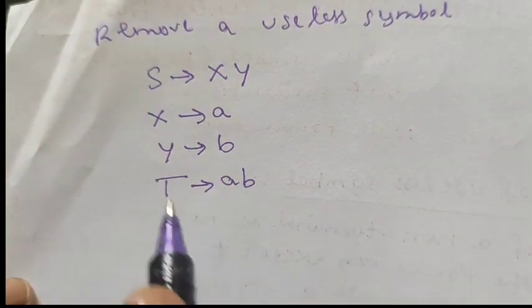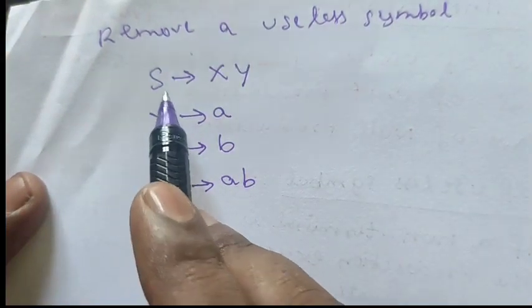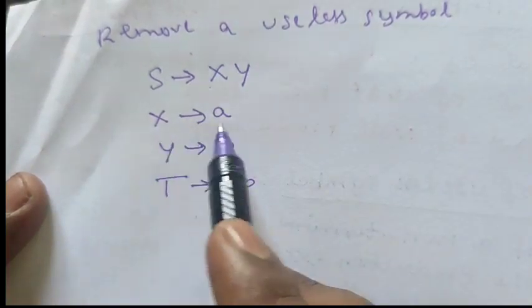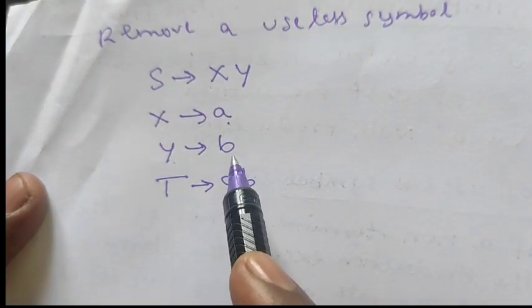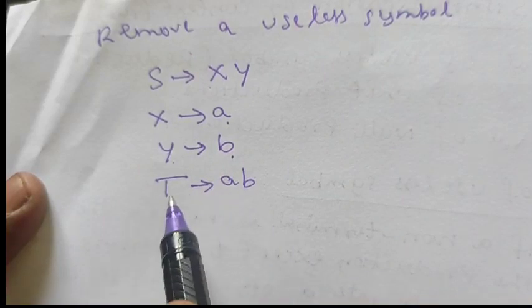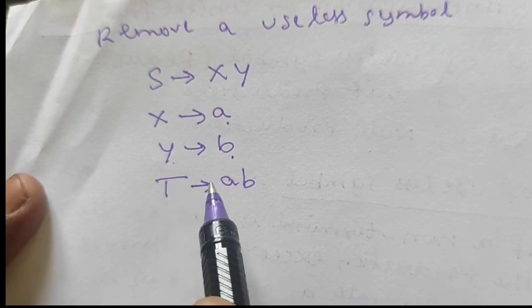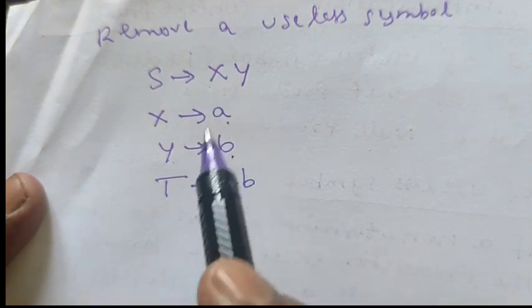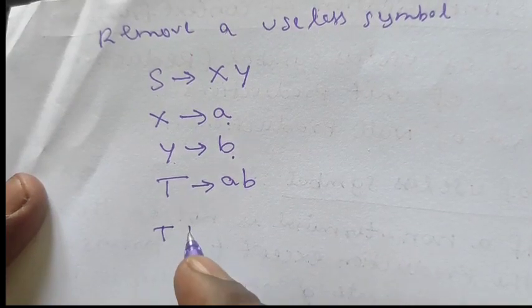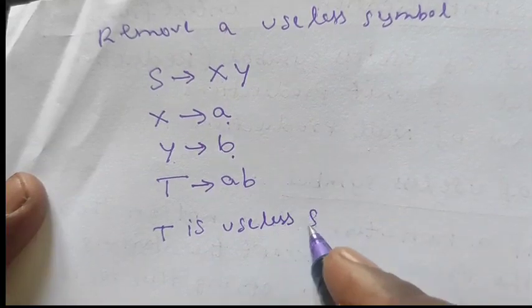So how to do that? Let us assume that the starting symbol is S here. From S we can go to non-terminals X and Y, and X is generating a string a, Y is generating a string b, and no way can I reach this T here. T cannot be reached from the starting symbol. This non-terminal T cannot be reached, and it does not exist on the right side of the production. So T is called a useless symbol.